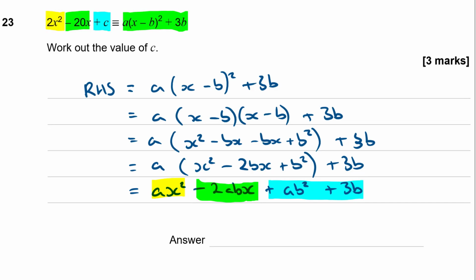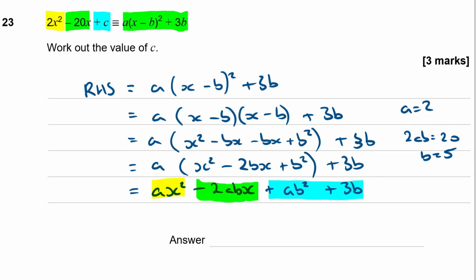So I can pair them up. I can say, well, if ax squared is equal to 2x squared, then a is equal to 2. I can say that the 2ab must be 20, and I know that a is 2, so that means 2b must be 10, so b is equal to 5.